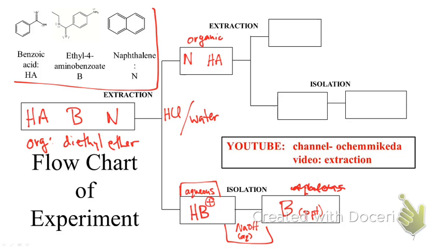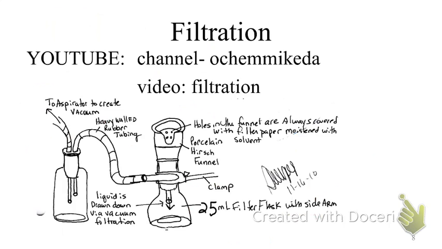Okay. You can end up going through a similar process, I'll add another one just in case, with the organic acid to try and decide how to separate that one. Very similar idea. Okay? There is a YouTube video on dealing with filtration and for the extraction. The extraction goes through and isolates all three compounds.